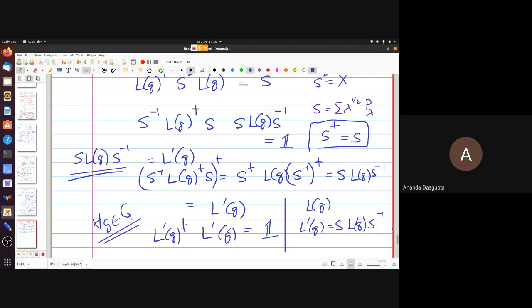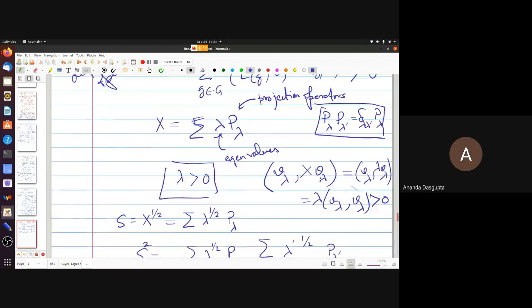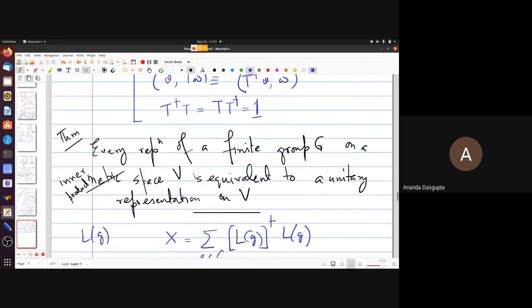Therefore, what we have established is our theorem, the theorem which said every representation of a finite group G on an inner product space V is equivalent to a unitary representation on V. And what we have done here is we have shown you how to arrive at that equivalent unitary representation.